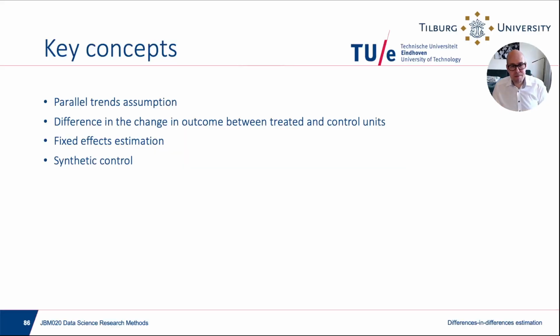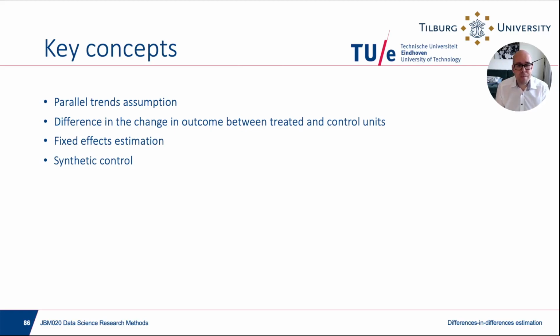So, to conclude, what are the key concepts? The key concepts are how it all works, of course, and it's all based on common trends, parallel trends. This is an assumption that you can provide supportive evidence for if you have more time periods. We have seen how this works.